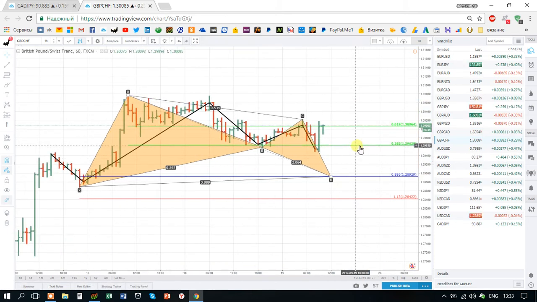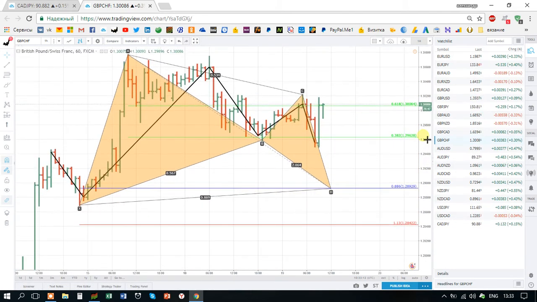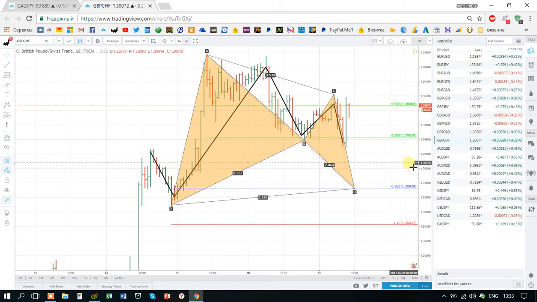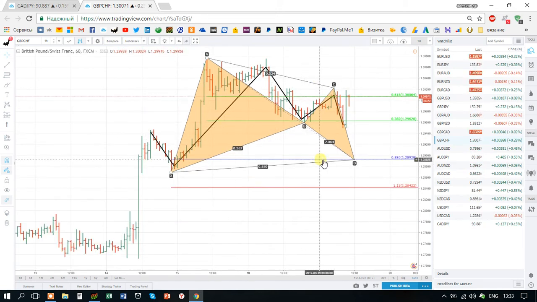So the potential entry, if it goes lower, is 128.92. Stop loss is 128.42. 129.62 and 130 even are the target levels. So this is the trade opportunity, a valid advanced formation, a bad advanced formation. Okay, let's continue next.